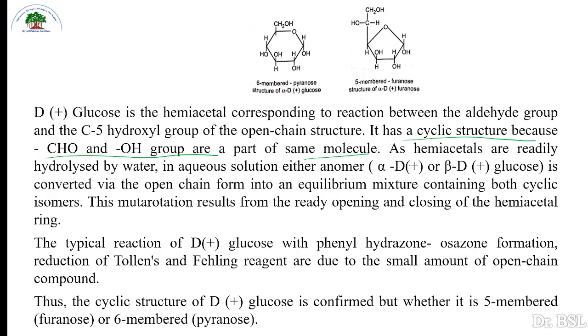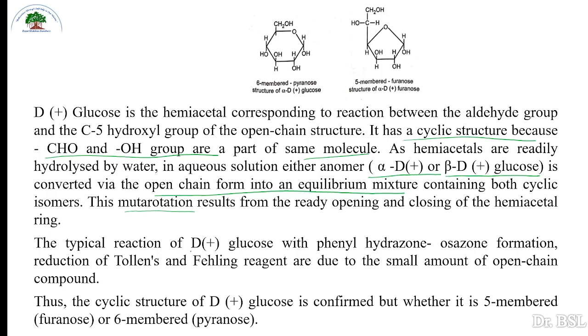As hemiacetals are readily hydrolyzed by water in aqueous solution, either anomer, that is alpha-D-(+)-glucose or beta-D-(+)-glucose, is converted via the open chain form into an equilibrium mixture containing both cyclic isomers. This phenomenon, that is mutarotation, results from the ready opening and closing of the hemiacetal ring.